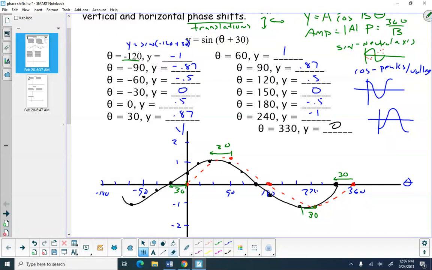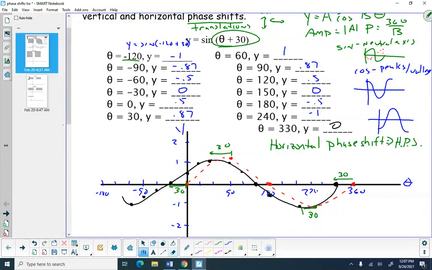What this is called is a horizontal phase shift. And if we take a look at our equation, we have y plus 30.